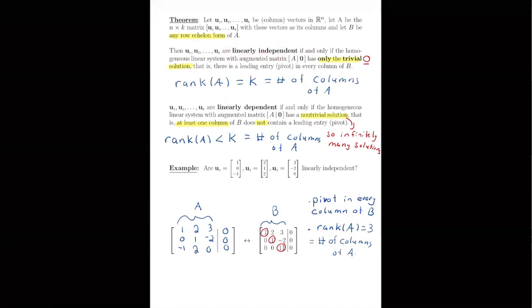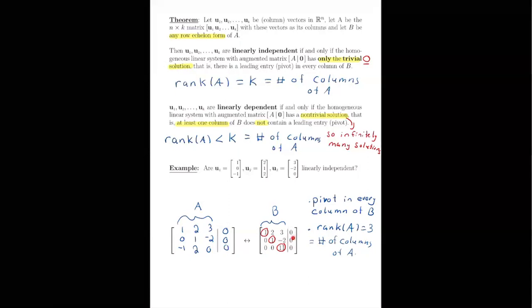Now, for the sake of completion, we can check this condition here again. Does this have only the trivial solution? The fact that there is a leading entry in every column of B is exactly what tells us that there is only the trivial solution. To have infinitely many solutions, you have to have a free variable.